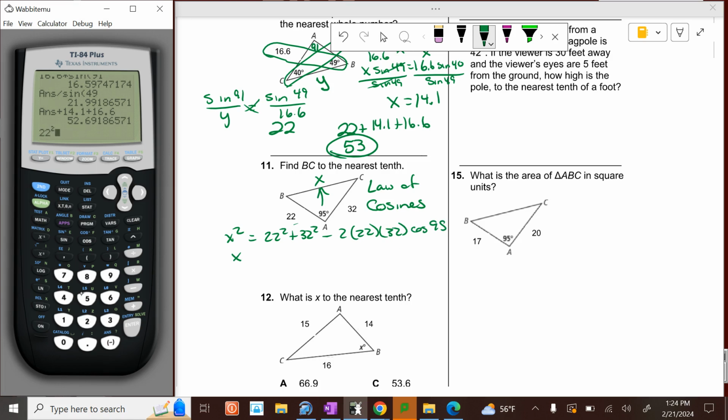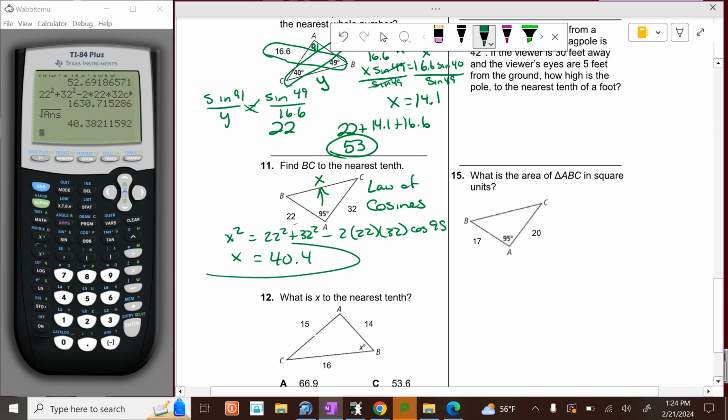Press equals. You get a huge number. Take the square root of that number, and you get 40.4. That's side BC to the nearest tenth.